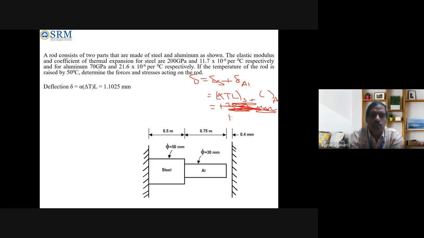Now what happens is, when the temperature of the rod is increased by 50 degrees, this total deflection of 1.1 mm is expected. But here there is a space only for an expansion of 0.4.